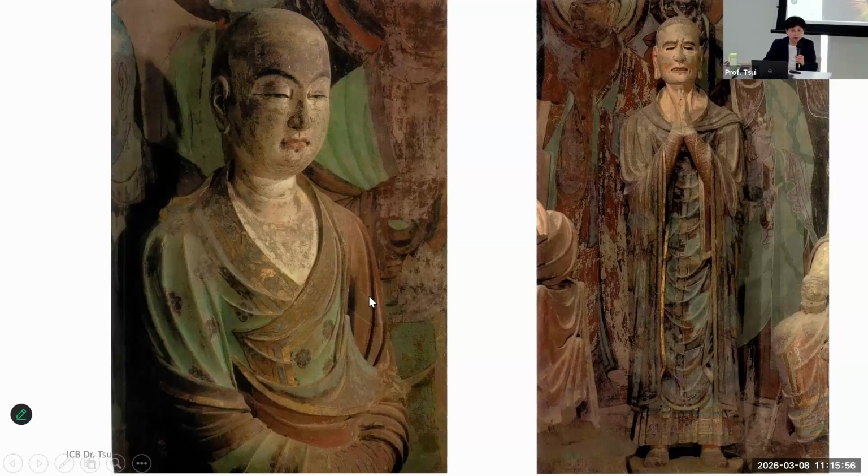Do you know who's who? Ananda and Kashyapa are very representative of each one's characteristics: the very handsome young disciple Ananda, and the practicing ascetic Kashyapa.